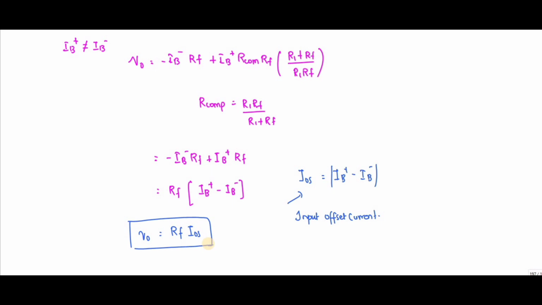Okay, so it is defined as the difference in magnitude between IB plus and IB minus.